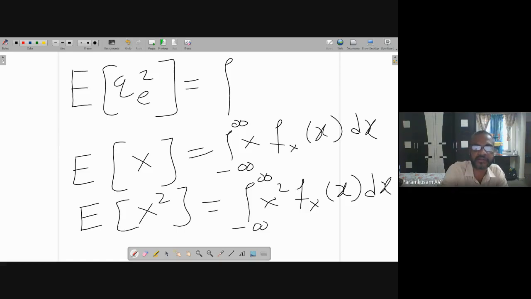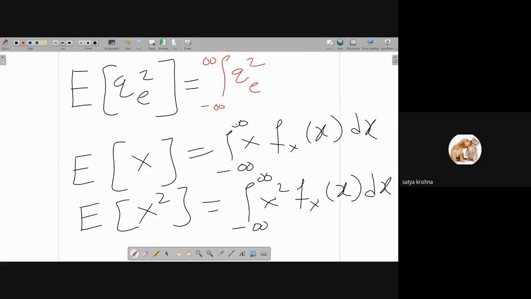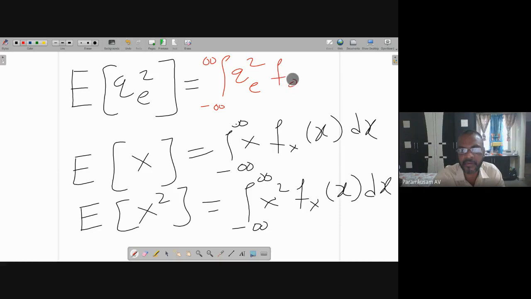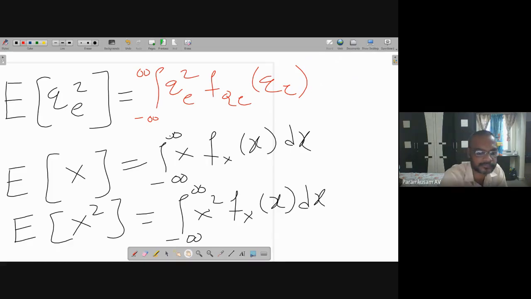So what does this equation become? The integration from minus infinity to plus infinity of x square, that is QE square, into f_QE(QE) d QE.